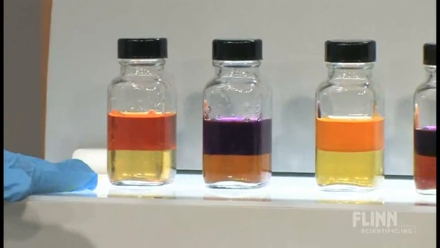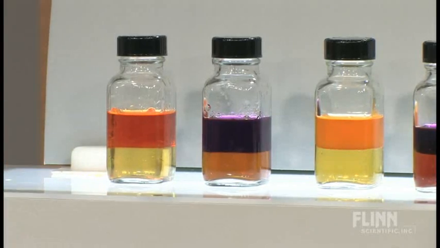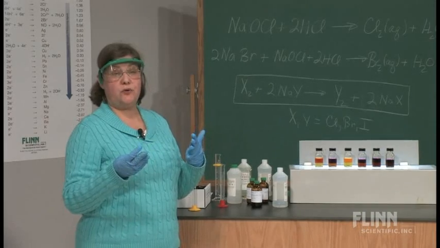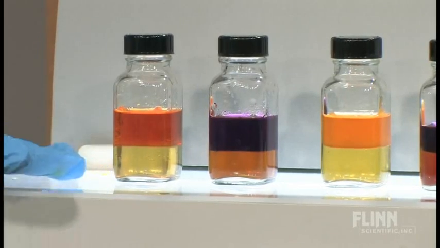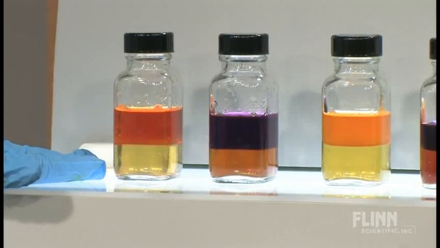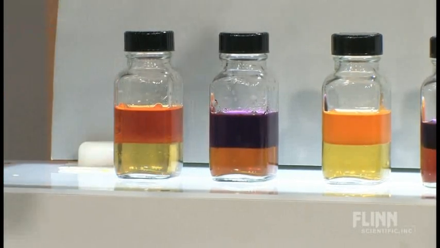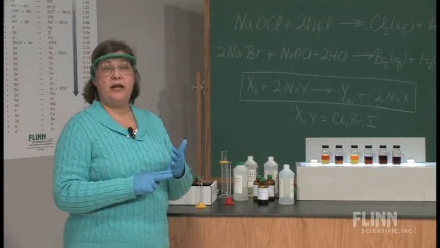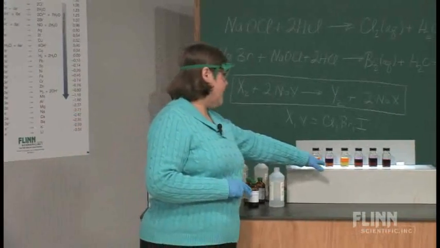To the first bottle of chlorine, we added sodium bromide. What is the product when chlorine reacts with sodium bromide? It's bromine, and we can see that from the colors, right? When we had the initial bromine solution, it was yellow on the bottom, orange on the top. So clearly, chlorine has reacted with sodium bromide. How about the sodium iodide?